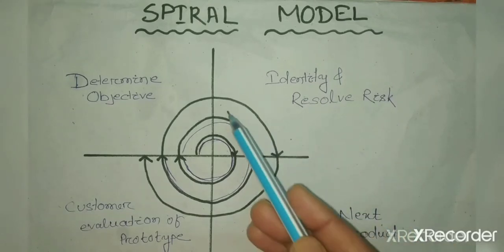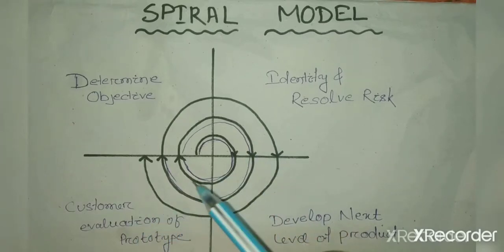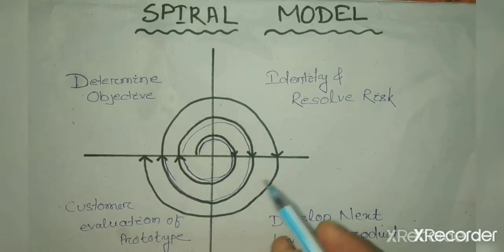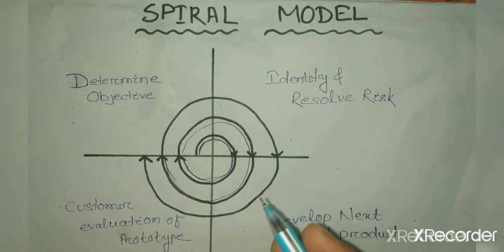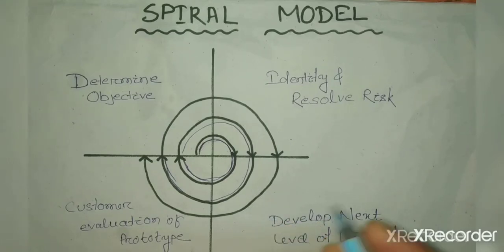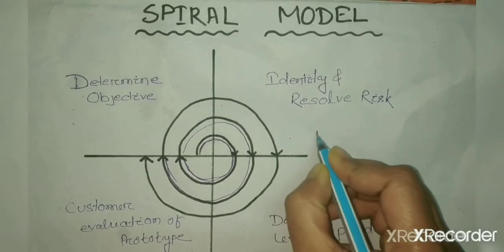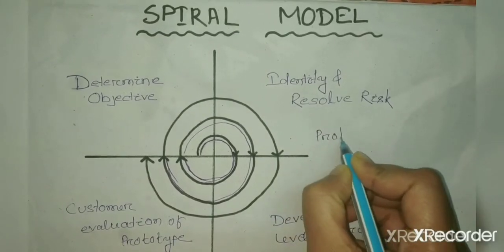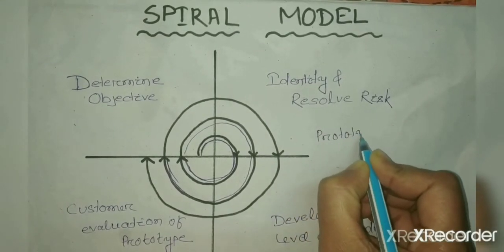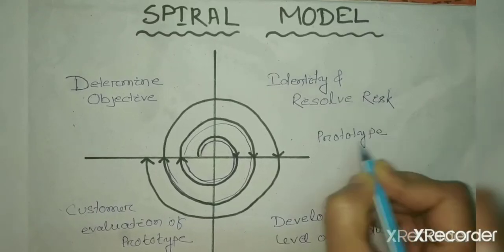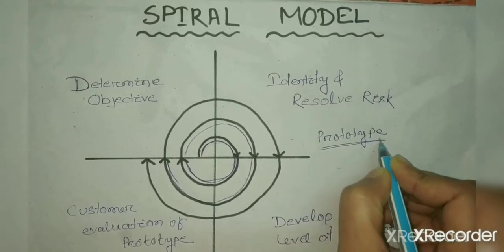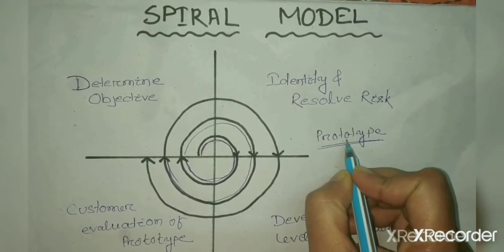These are identified in the second quadrant. And the low risk solution is taken and a prototype is developed. In the second quadrant the developer develops the prototype.